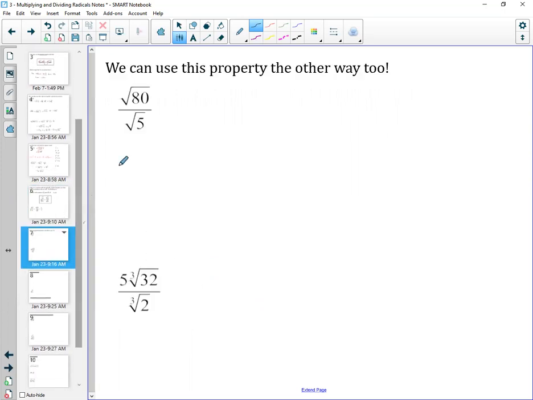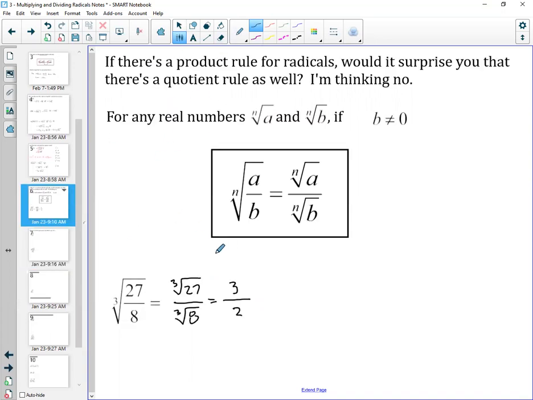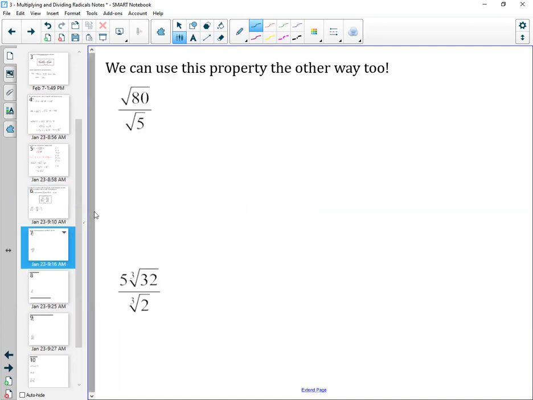Right, so when I say this property, I mean the quotient rule. Like I said before, if it goes this way, there's an equal sign, it goes this way as well. So if I have the nth root of some number over the nth root of some other number, I can write it as the nth root of the fraction, which again is sometimes easier to find the answer to. So I can write this as the square root of the big fraction, 80 over 5.